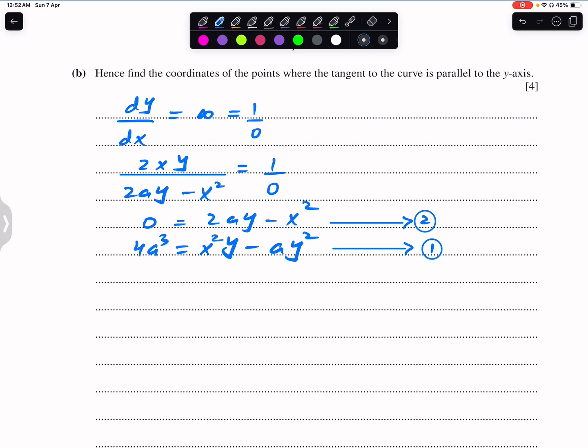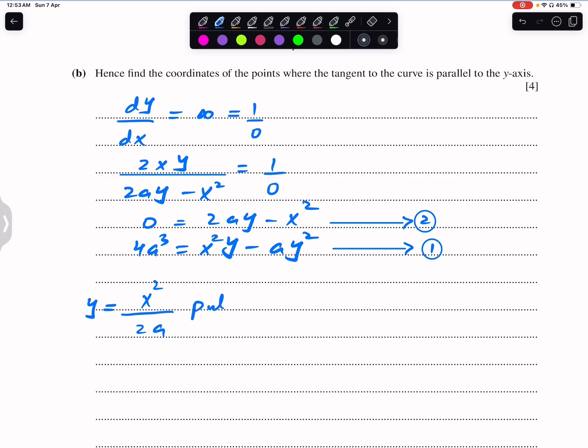So look at the first equation, please. If you look at this equation and try to make y or x the subject, it is easy to make y the subject because x has a square on it. So let's make y the subject from the first equation. That will give you x square over 2a is equal to y.